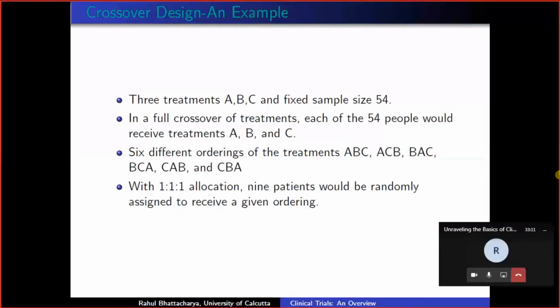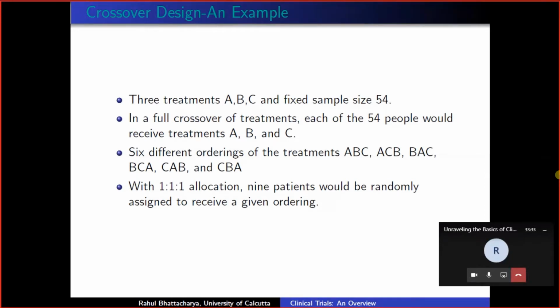It's a bit complicated in the sense that the responses of the patients for different treatments are correlated, because the same patients are observed for different treatments. But in a parallel design, responses from different treatments are not correlated, so analysis becomes complicated for a crossover design, but I will not go into those details.